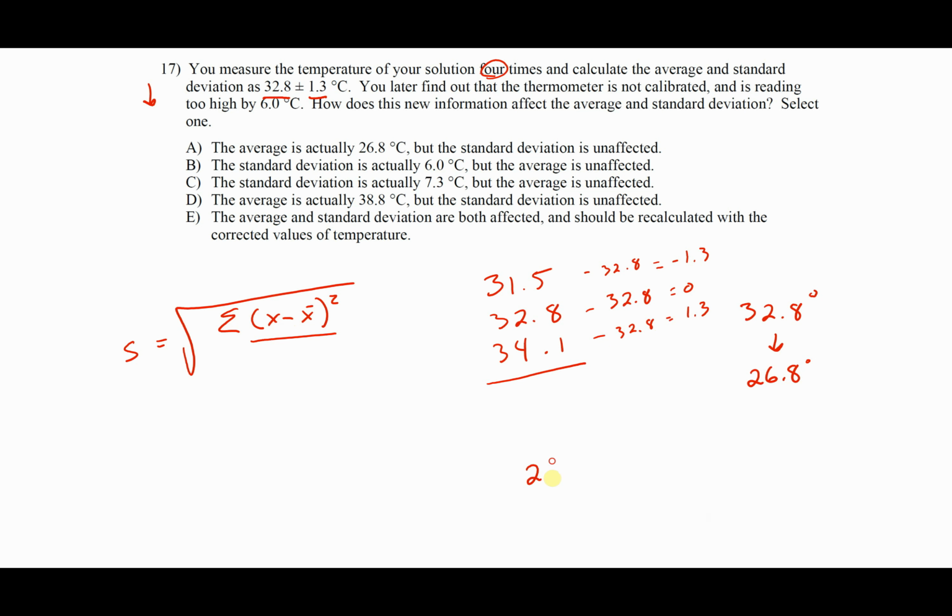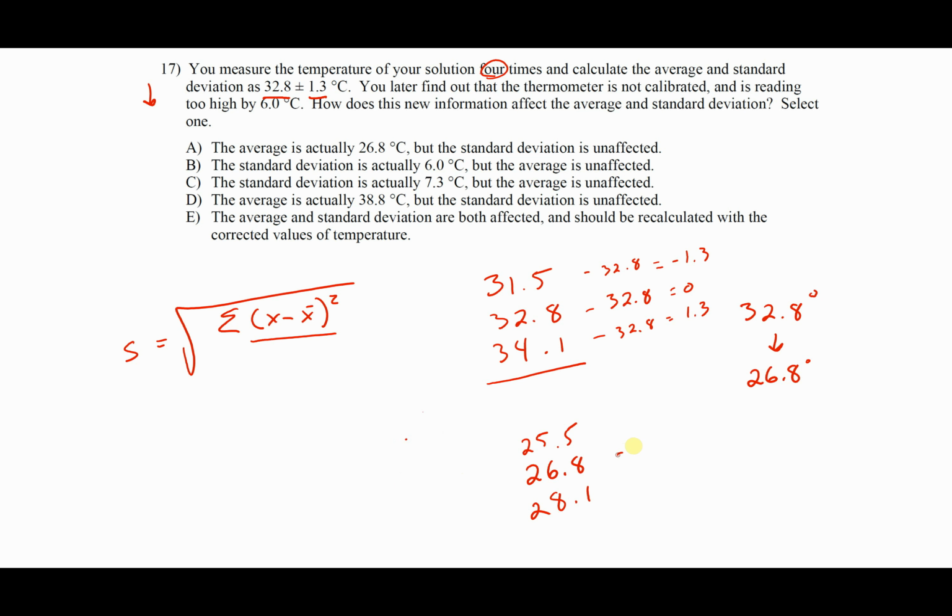If we're really measuring 26.8, and we dropped this by 6 degrees, what would it be? 32.8 minus 6 is 26.8. 31.5 minus 6 is 25.5. And then this one would be 28.1.